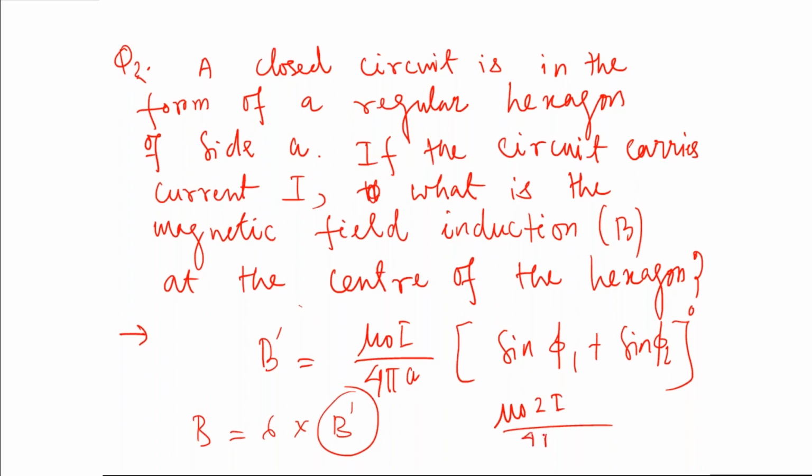Yes sir. Then you can write this as 2 into 3, so you will get root 3. You multiply root 3 over here, root 3 you get, and 4 goes out. So what you get is actually mu0 I by pi a into root 3.